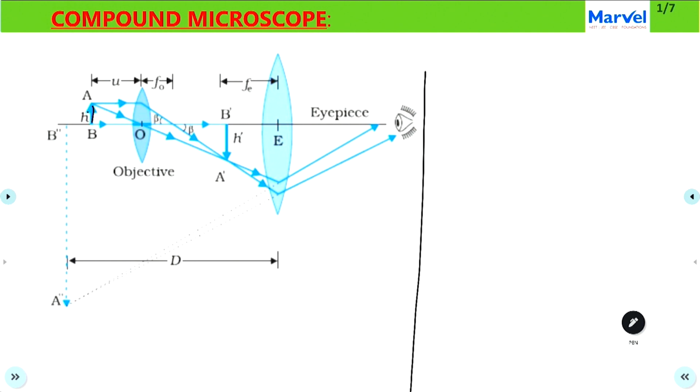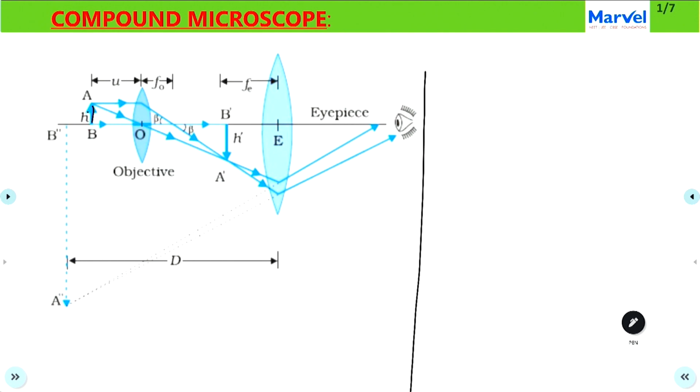Here what I would like to conclude is, I am going to tell you how the magnification really happens, because this is a very simple optical instrument which we have seen many times in our day-to-day life, and we are just going to show you how the magnification is actually calculated for this.